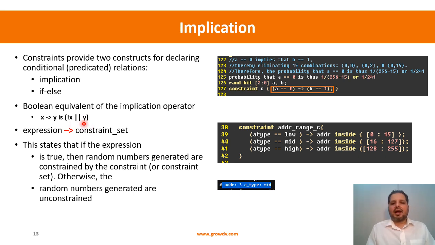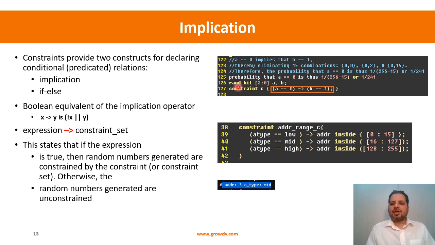So this overall expression must be true, which means that x implies y has become true. That's what it means. When we look at an example, it will become more clear, but formally let's define it. Expression, implication operator, constraint set. What this means is that if this expression is true, then the random numbers generated are constrained by the constraint, and if this expression is false, then the random numbers generated are unconstrained. That's what it means.